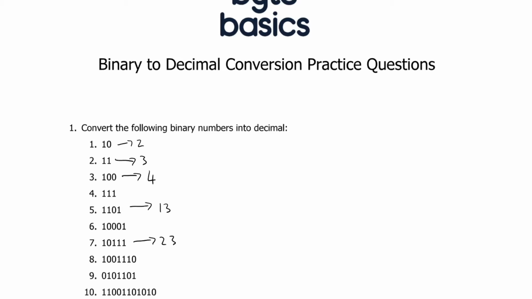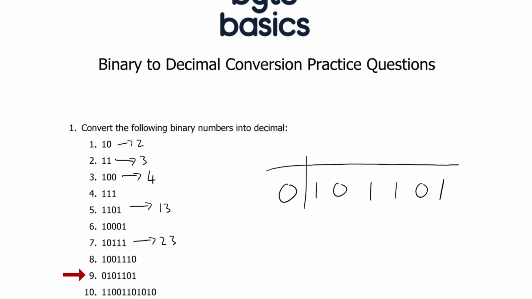Alright, let's do number 9. So we have 0 1 0 1 1 0 1. So again, draw in the columns. Write a 1 above the first right hand one, do our doublings. 2, 4, 8, 16, 32, 64. Step 4, work our way across, writing down the numbers above any column that has a 1 below.